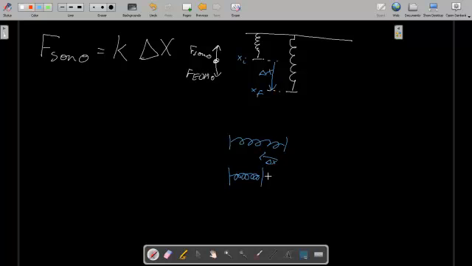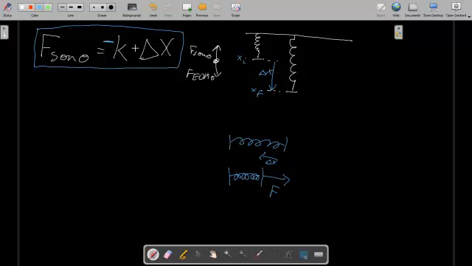But the force that the spring would exert on you is this way. So the force that the spring exerts is always in the opposite direction of the delta x. So in order to account for this, we add in a negative here. And that accounts for the fact that the force the spring exerts and the delta x are always going to be opposite. And so here is our new equation.